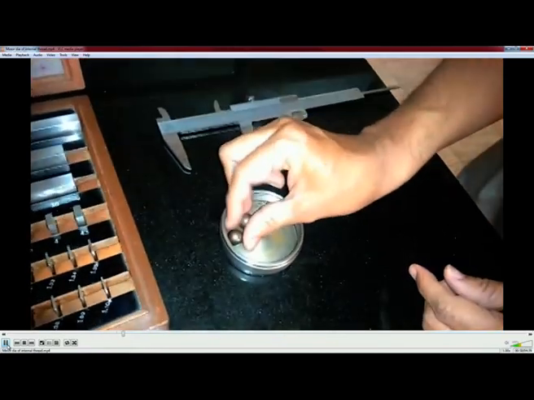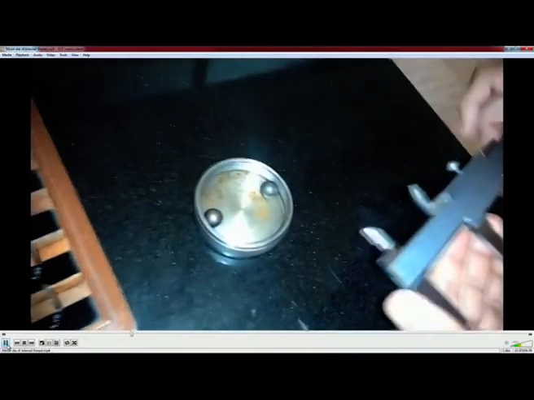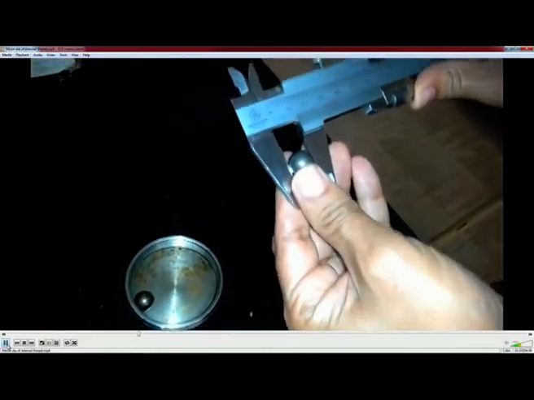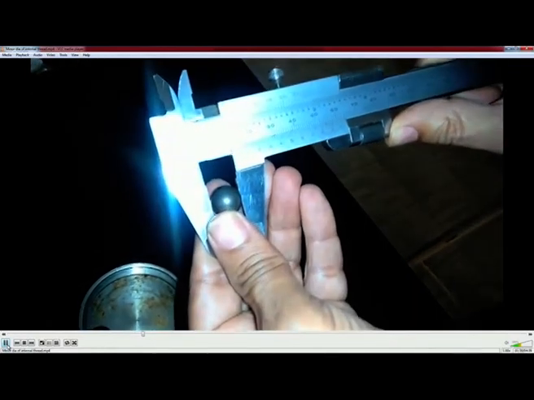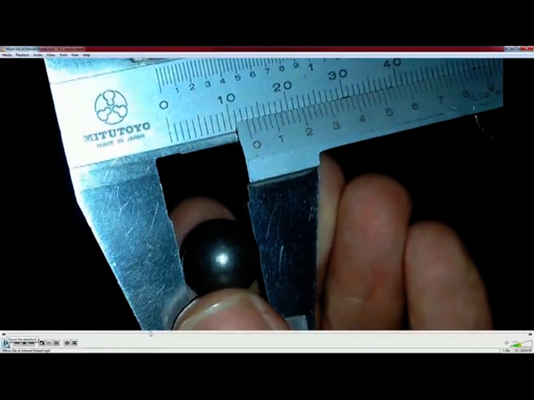Now, we have to keep the two steel balls inside. We have to measure the diameter of the steel ball.